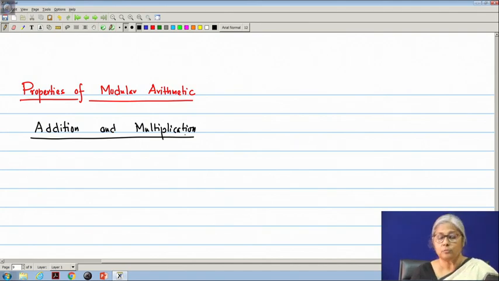algebraic systems like group and ring, we checked some general properties, like commutative, associative, whether the additive inverse exists, the additive identity, or the multiplicative inverse exists.